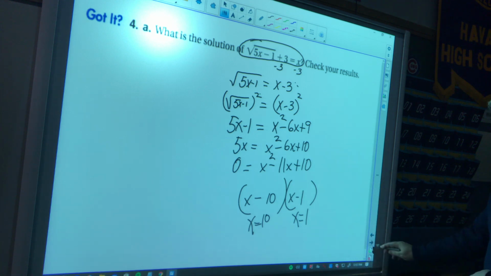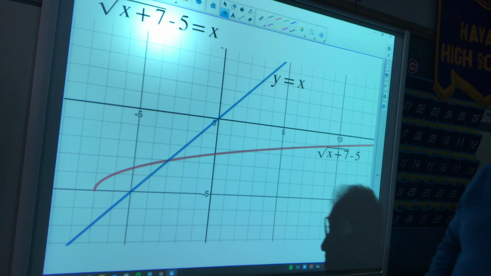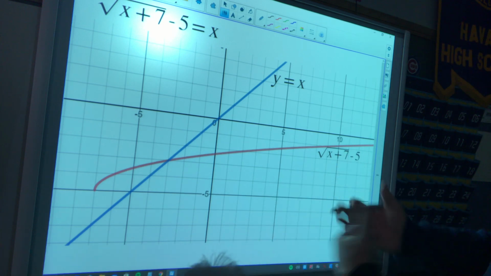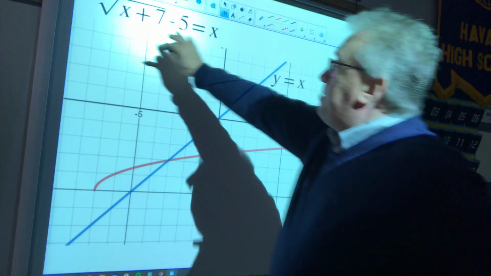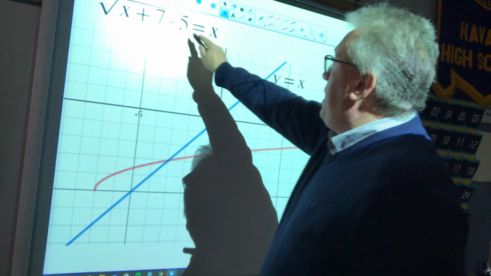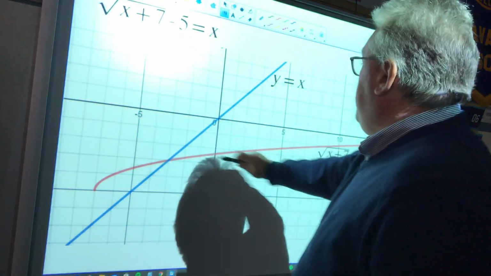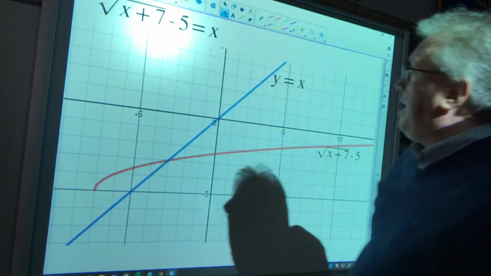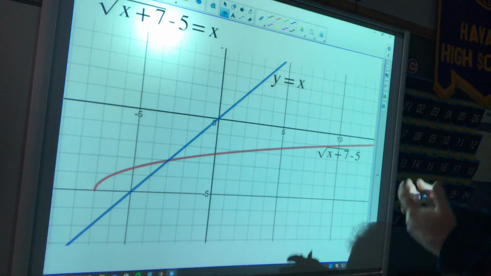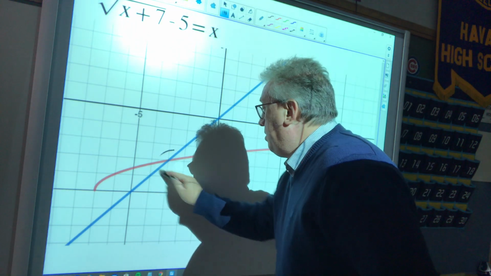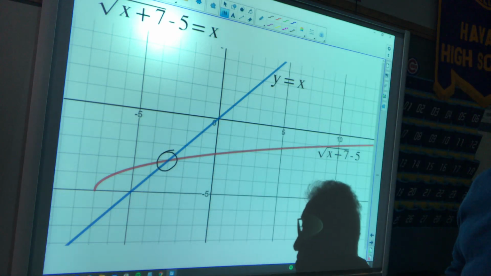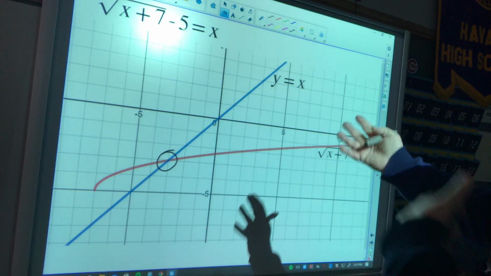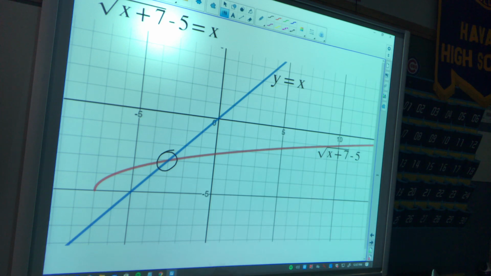Okay? Now, if you throw this into your graphing calculator and set these up as two different equations, here we have y equals x, and here we have y equals square root of x plus 7 minus 5, okay? And you get your graph, and you'll find where they meet. So that is one way of doing it from a graphing standpoint, okay?